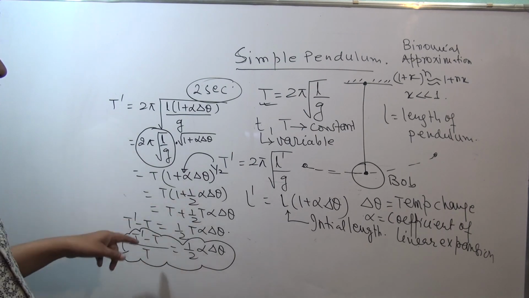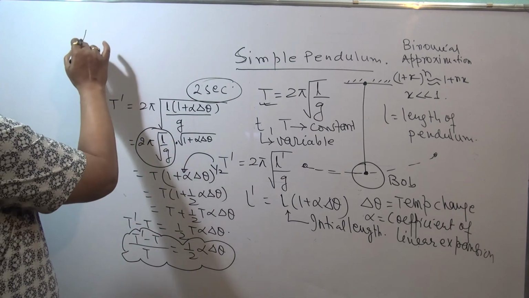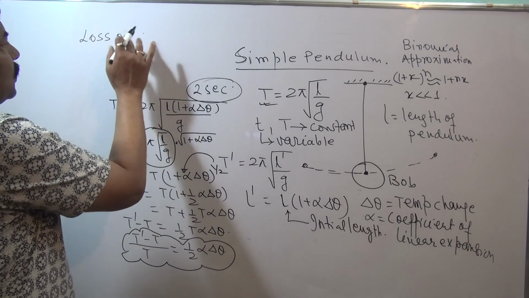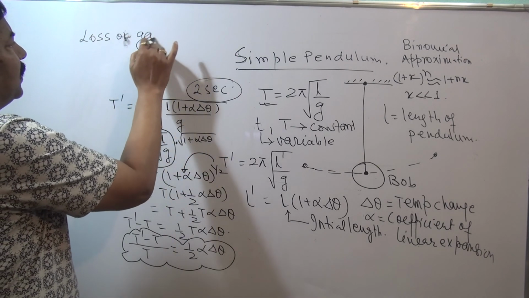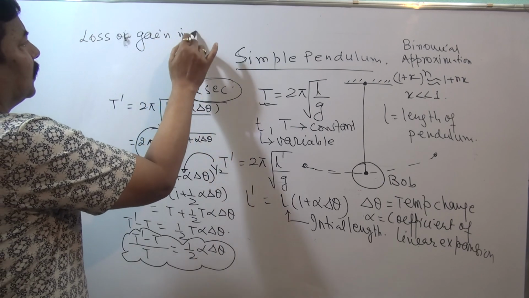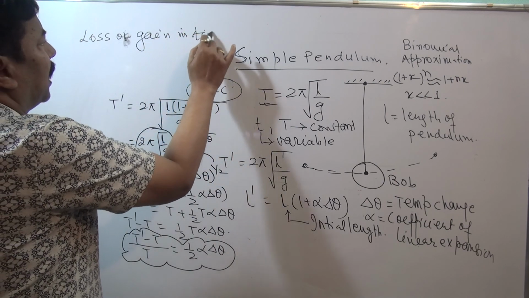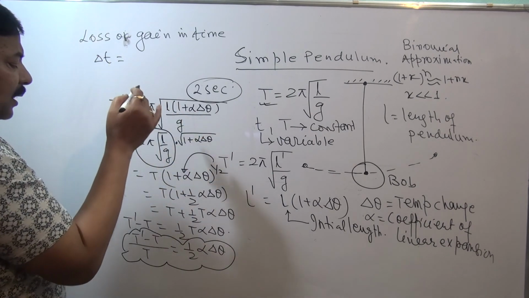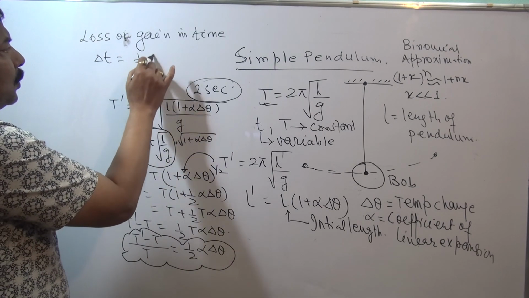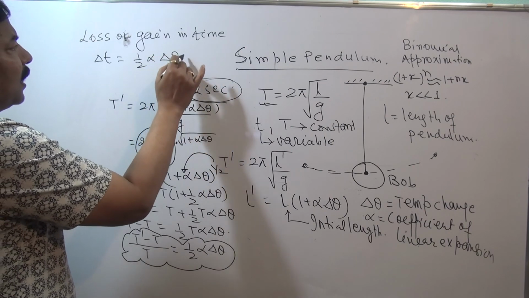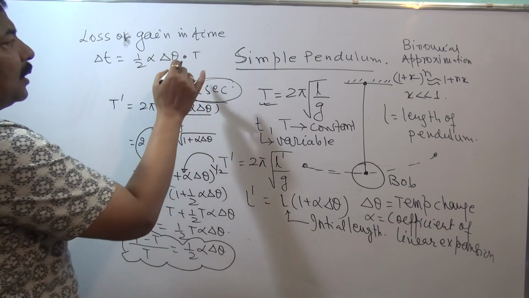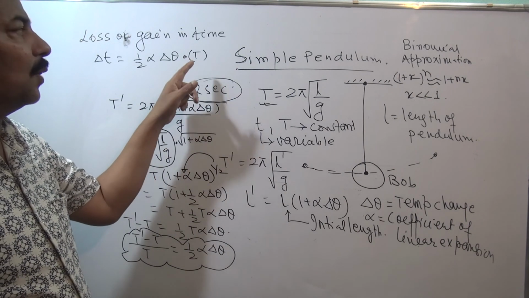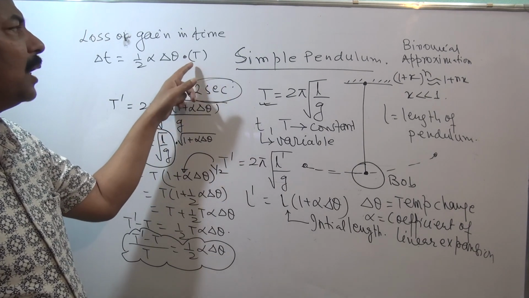So if I want loss or gain in time, delta t, small t I am writing, then it should be 1 by 2 alpha delta theta into T. Now this T can be your 1 hour, 1 day, whatever value you can put here.